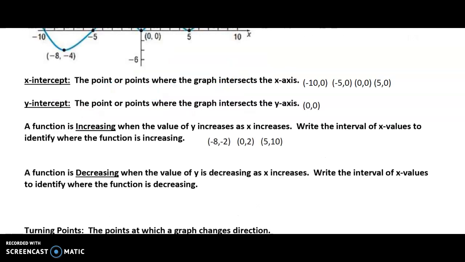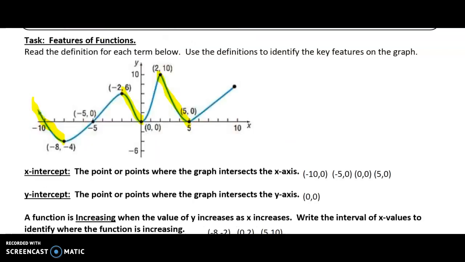All right, so now we're looking for where the function is decreasing. So as the value of y decreases as x increases. So we're looking for those intervals or those parts of the graph. All right, so you can see this is the part of the graph where the function is decreasing, going down from left to right. All right, these are the parts where the function is decreasing.